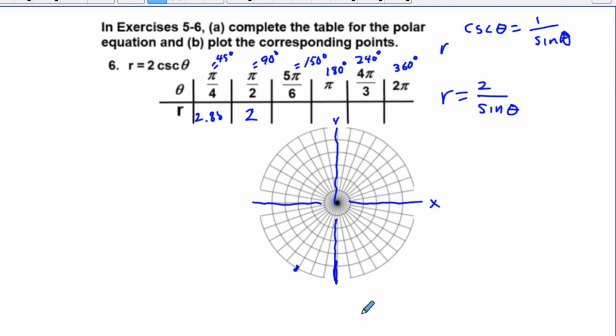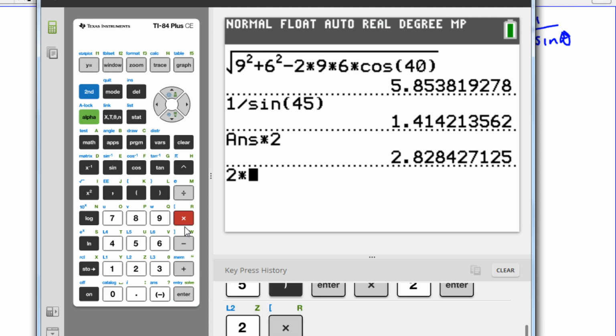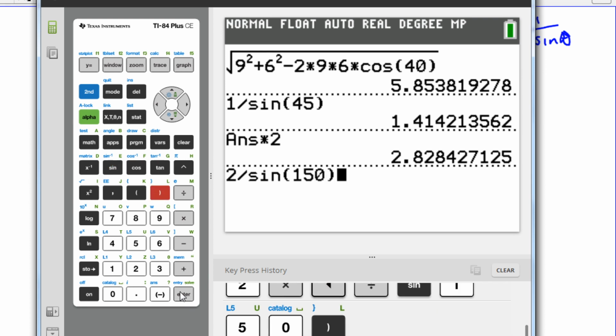Now we have the next one, 2 divided by sine of 150 degrees. Because I know what that's going to be.